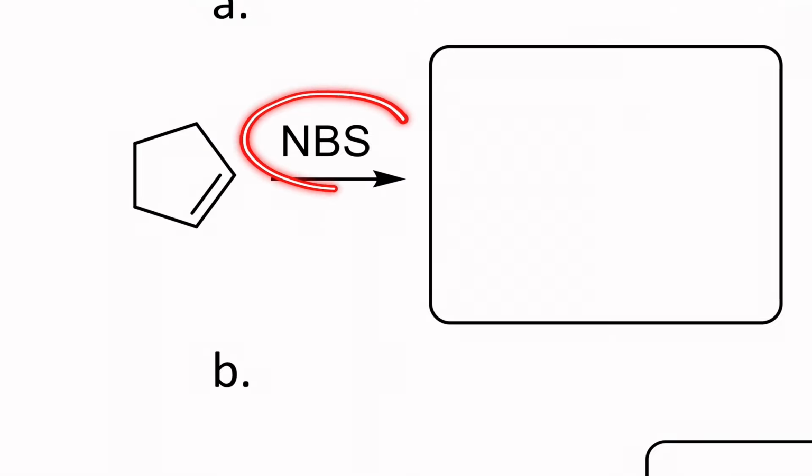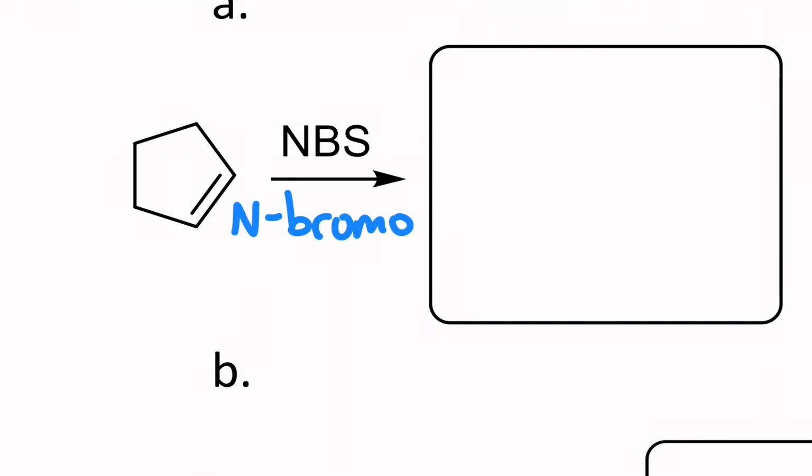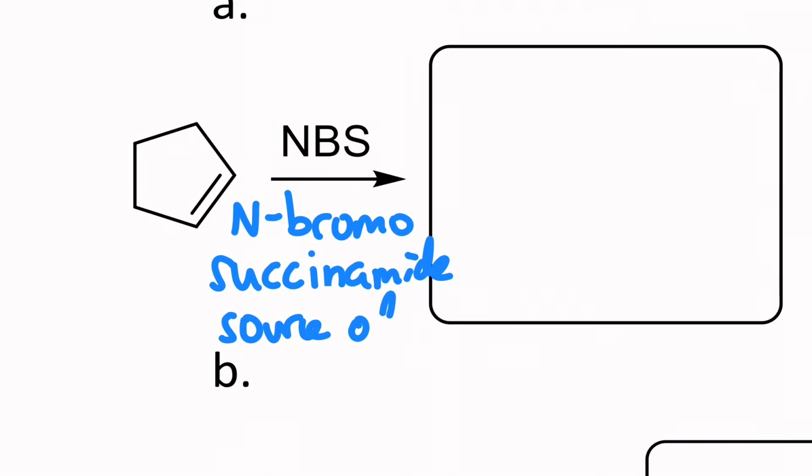First off, NBS. NBS stands for N-bromosuccinimide. And this is a source of Br+, but we learned this as a source of doing radical bromination.